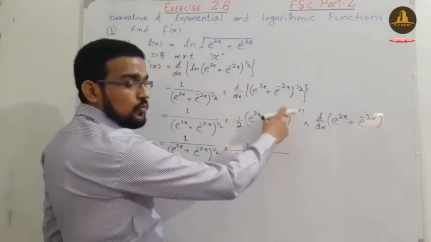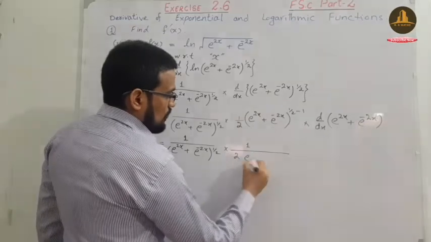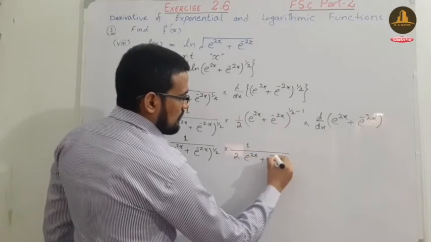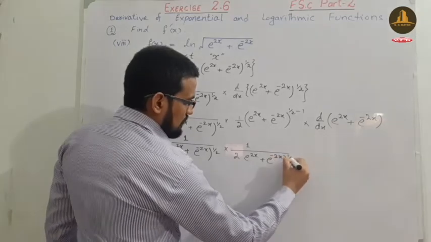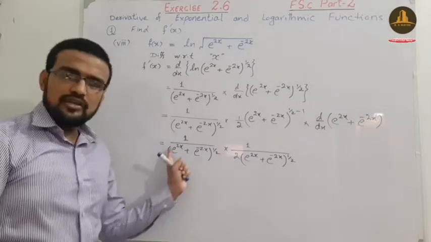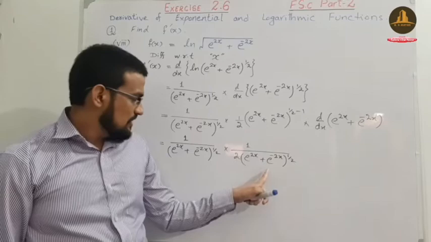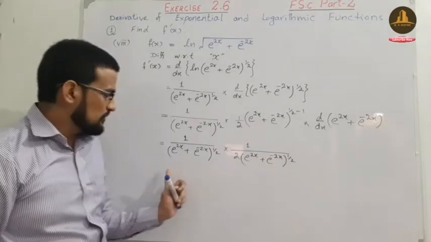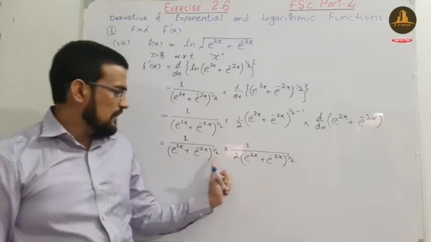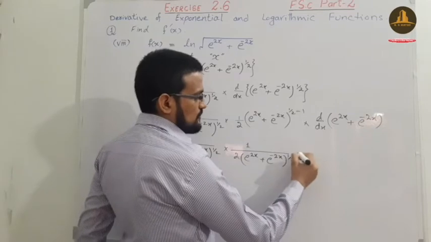This one, students, 1 by 2 minus 1 becomes negative 1 by 2, also in the denominator. Here e raised to power 2x plus e raised to power minus 2x, both are the same and multiply with each other. It means powers add: 1 over 2 plus 1 over 2.